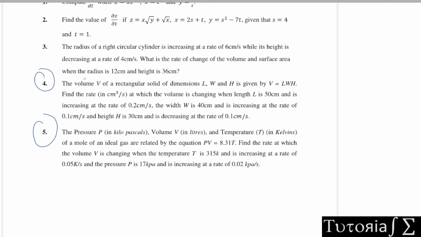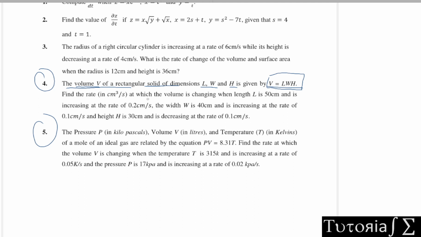For this one, we've been given that the volume of a rectangular solid of dimensions L, W, H is given by this. So this is the volume of a rectangular solid.